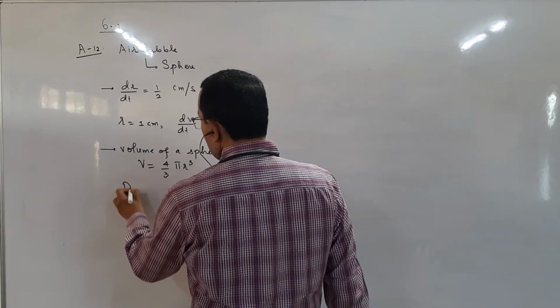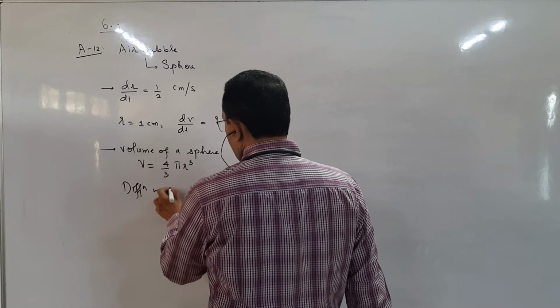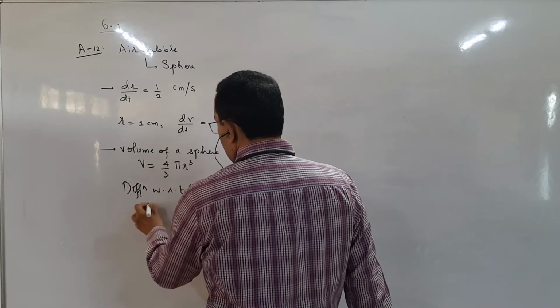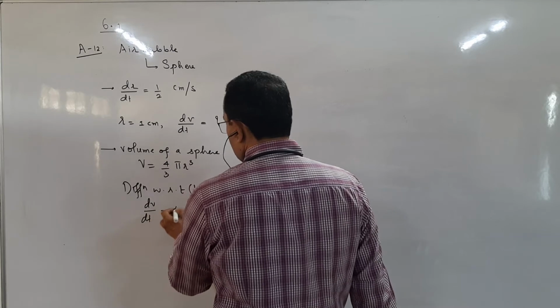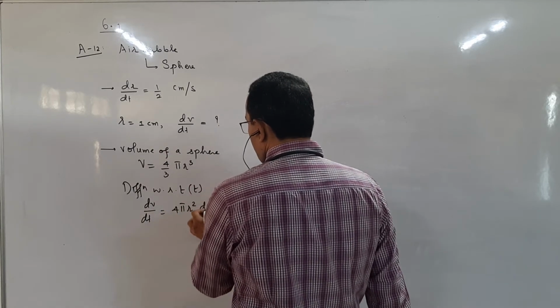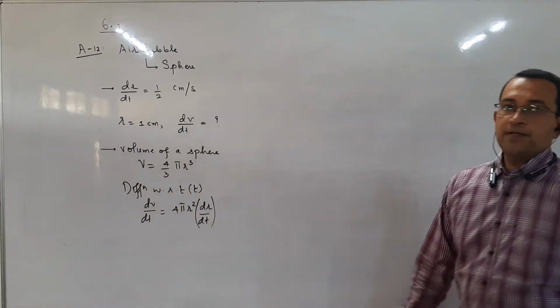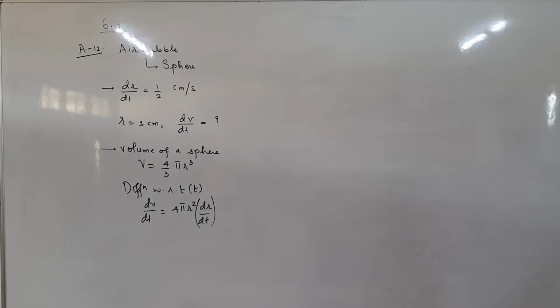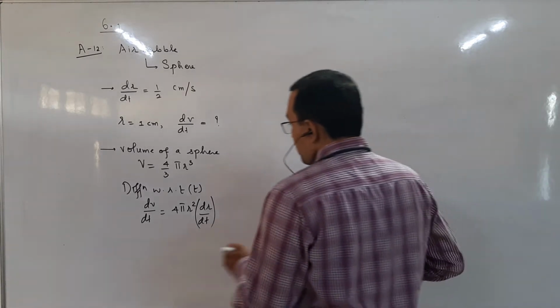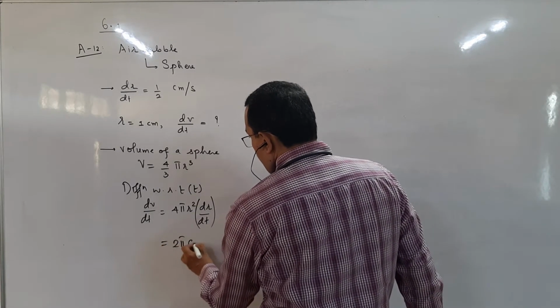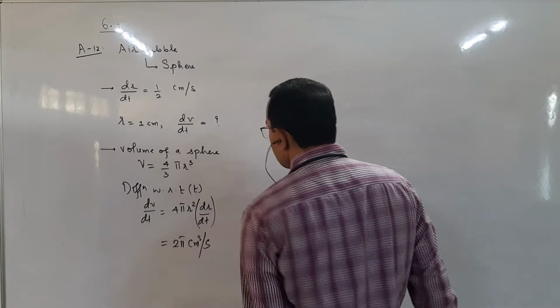Differentiating with respect to t, dV/dt comes out to be 4 pi r square dr/dt. Now r is given 1, dr/dt is given half. So substituting these values, we get the answer as 2 pi centimeter cube per second.